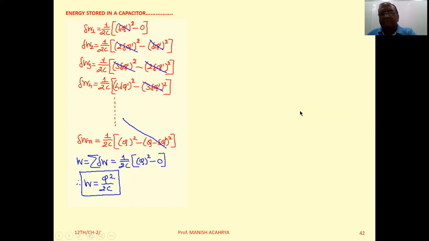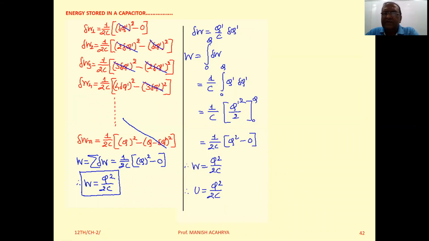We can calculate this energy stored in the capacitor using integration also. See, at a particular instant, we calculated the work done to transfer the charge delta Q dash from one plate to another plate.